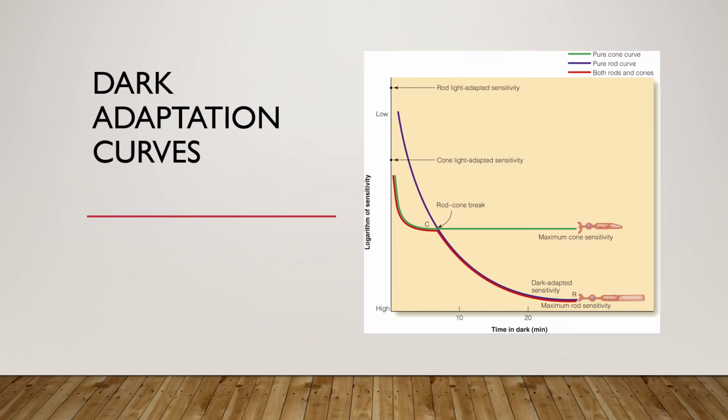So if you actually look at the dots there on the far left on the y-axis, the one that's lower says the cone light adapted sensitivity. So when we are in the light, we're really using our cone vision. And when we test those people with how low can they make that test light and still see it, we're getting their threshold, right?